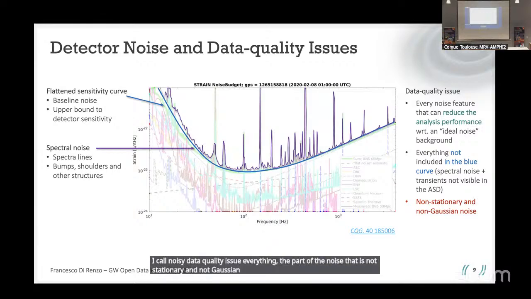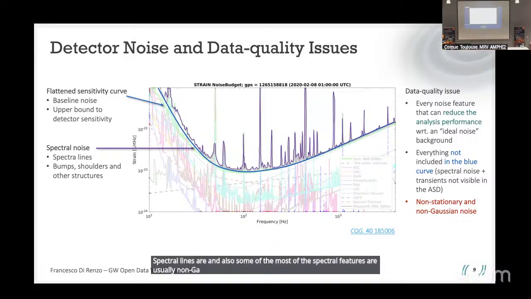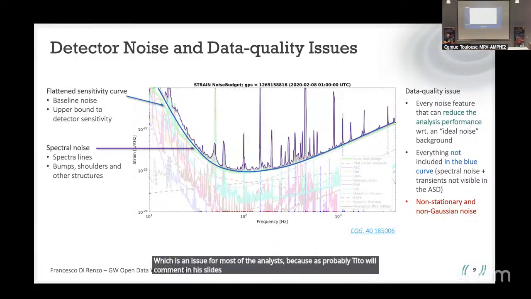Spectral lines, and also most of the spectral features, are usually non-Gaussian, which is an issue for most of the analyses because, as probably Tito will comment in his slides, we more or less always assume that the data is described by a stationary and Gaussian process. Viola also commented on that.